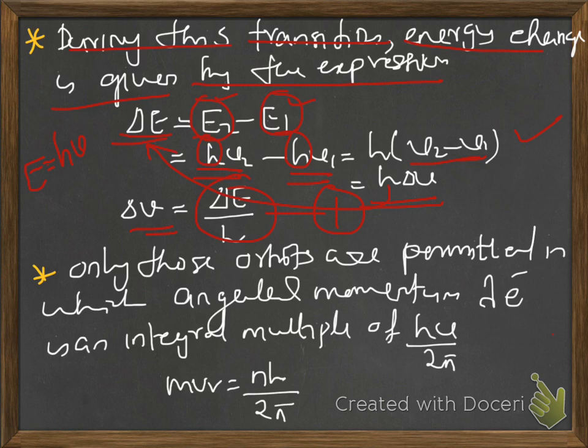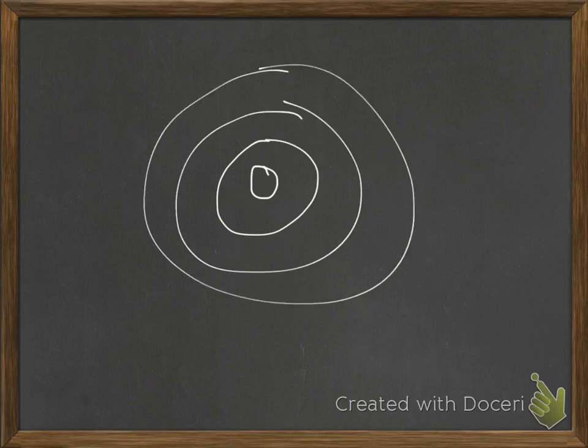And the next postulate is: only those orbits are permitted in which angular momentum of an electron is an integral multiple of h by 2 pi. This is the condition of licensing of electrons. What I mean is that we have nucleus at the center and so many orbits around it.